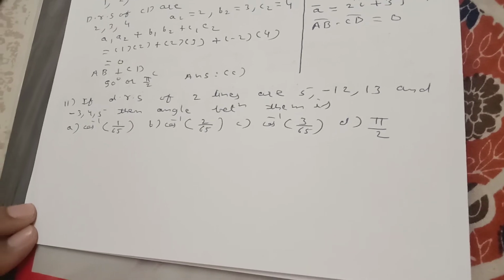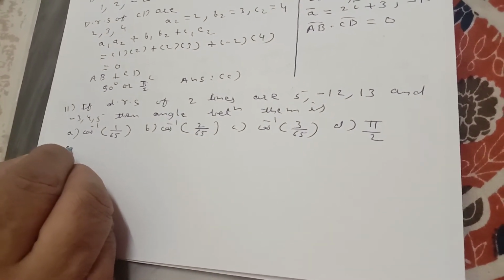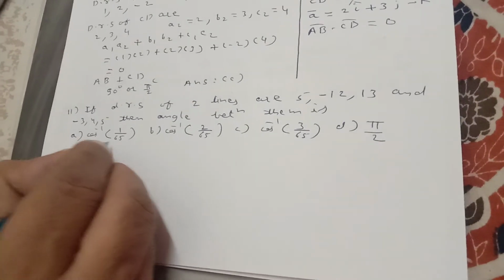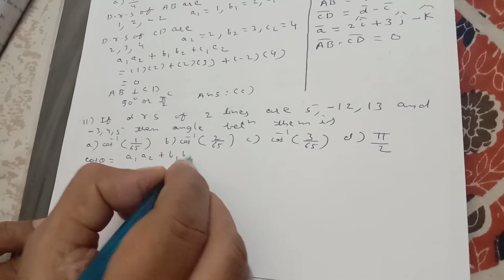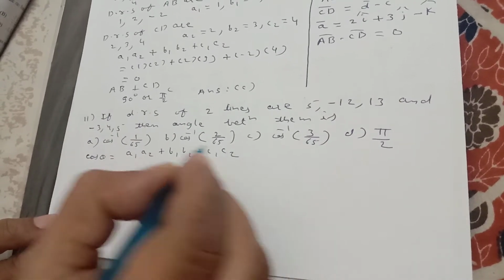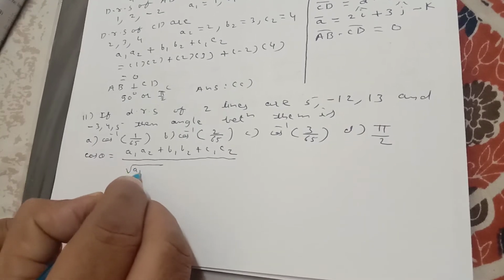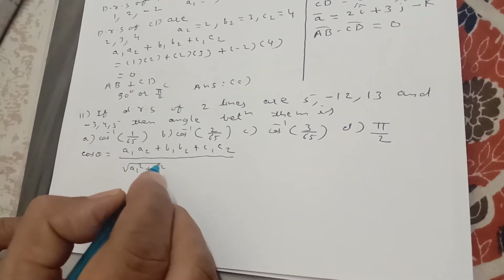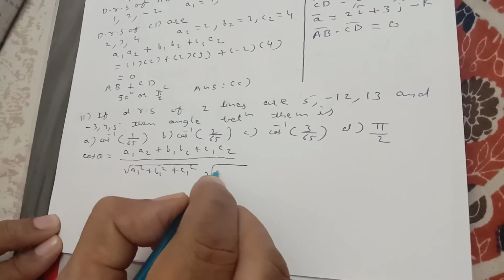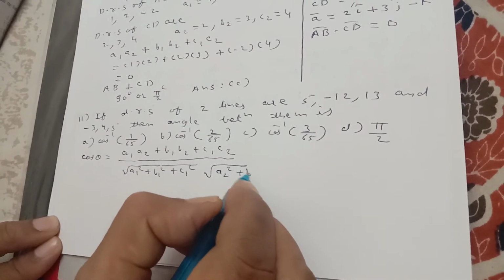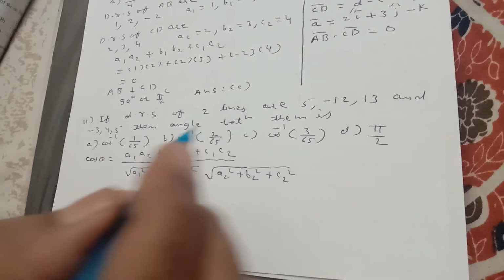Angle between them is given by cos theta equal to A1 A2 plus B1 B2 plus C1 C2 divided by under root A1 square plus B1 square plus C1 square, under root A2 square plus B2 square plus C2 square.